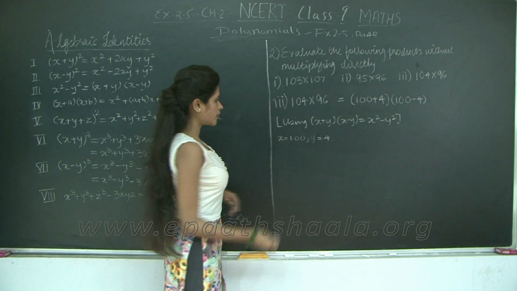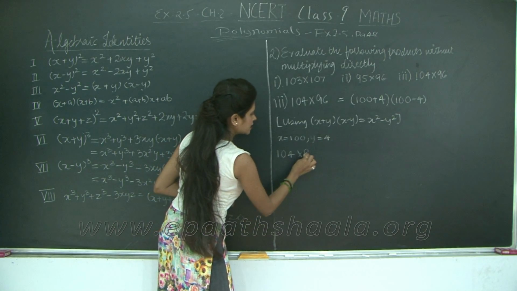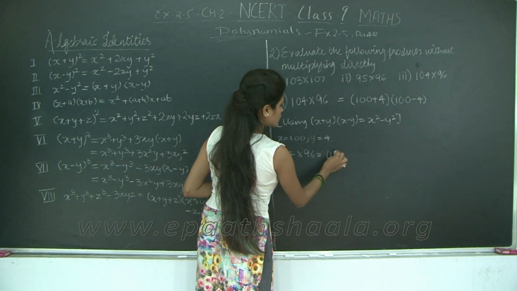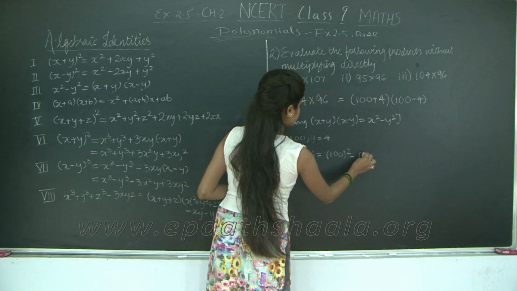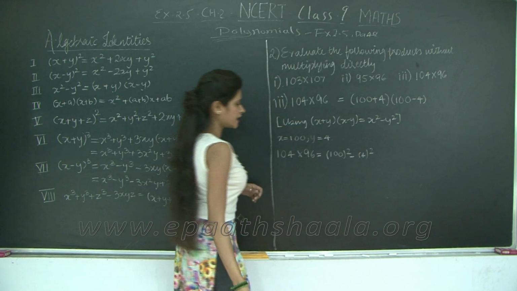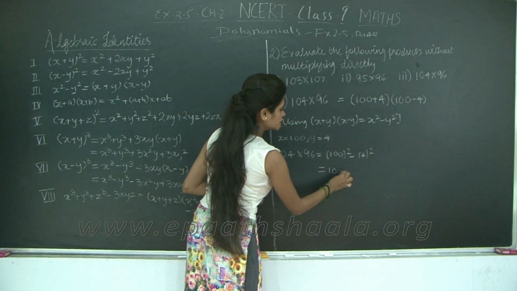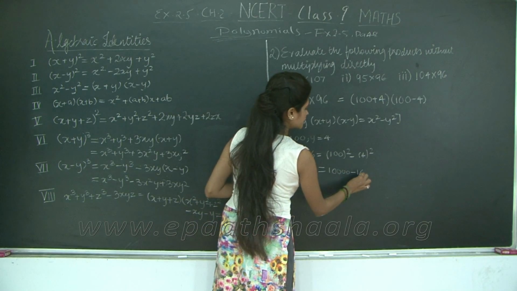Correct? Let's go ahead and solve the question. So I have 104 into 96 is equal to 100 square minus 4 square. Correct? So 100 square would be 10000. So 4 zeros and 4 square is 16.